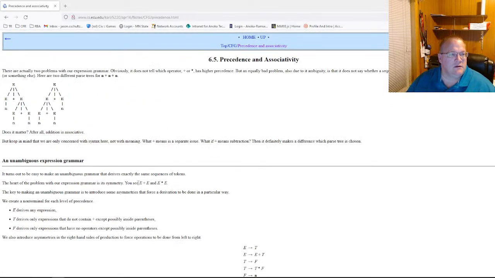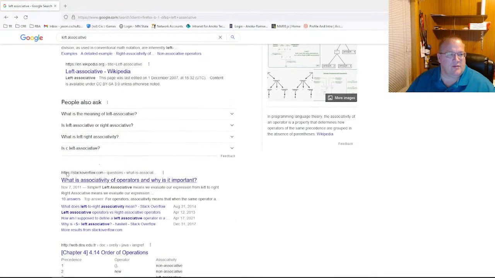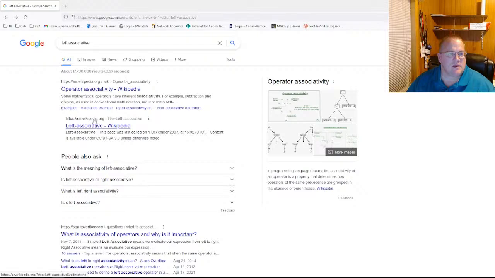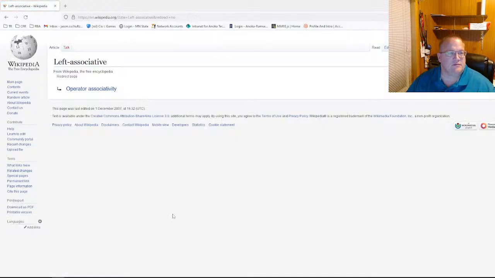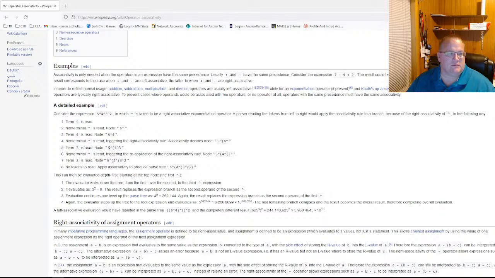Okay. That isn't actually that helpful. Maybe Wikipedia will be more helpful. Left associative: the operators are grouped from the left. Okay, how about an example?